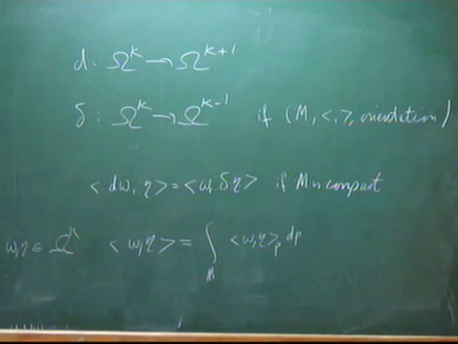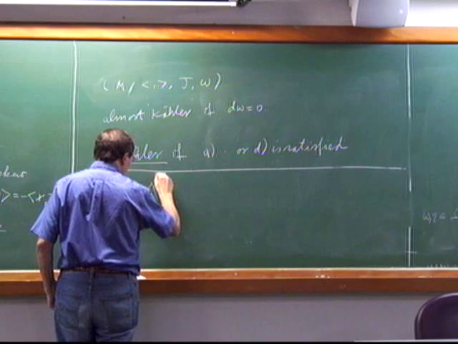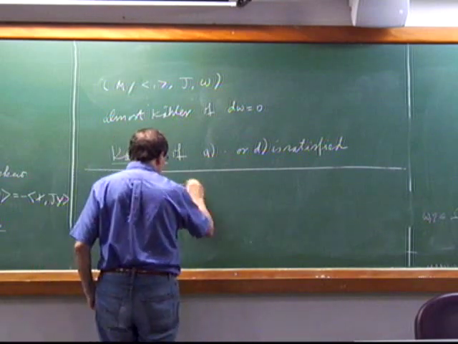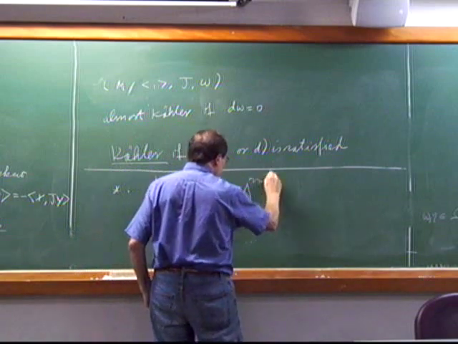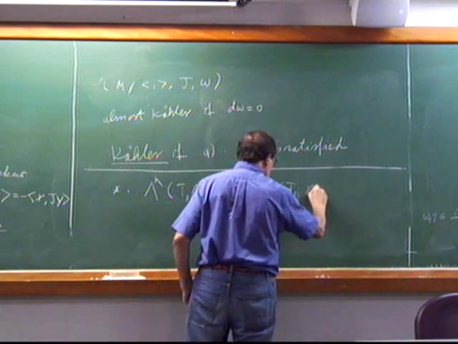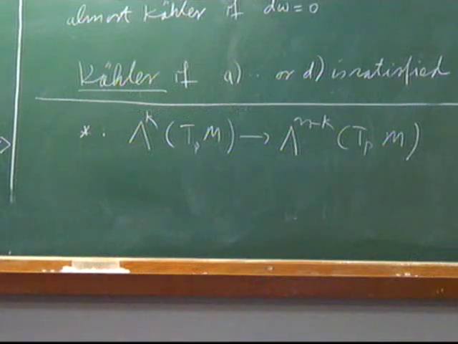If it's not compact, I can do it a different way. There's something called the star operator, which goes from the pointwise exterior power of the tangent space into lambda n minus k. Remember how that is defined? Again, there are several ways.